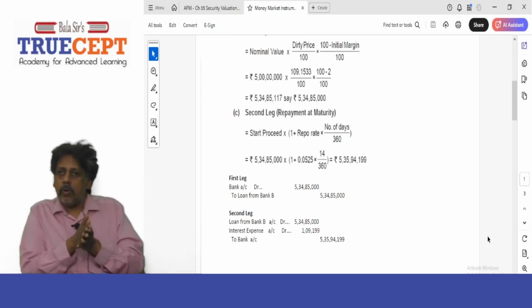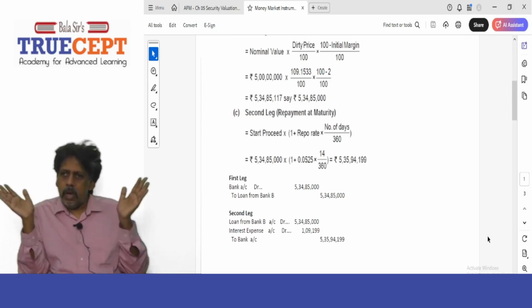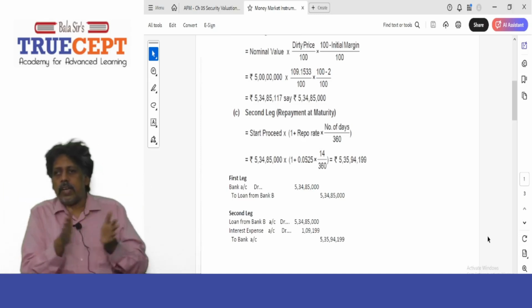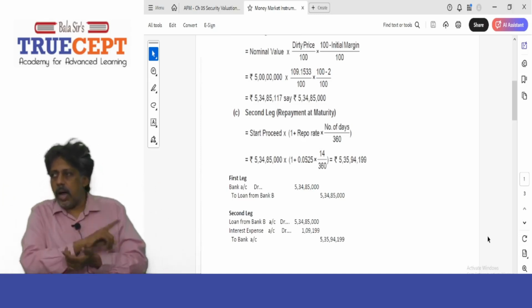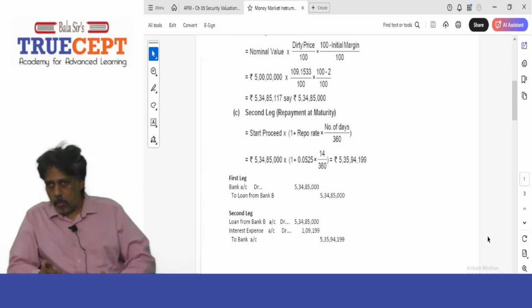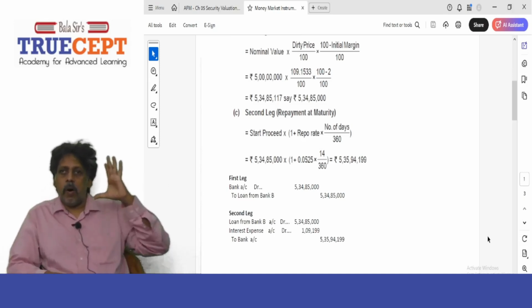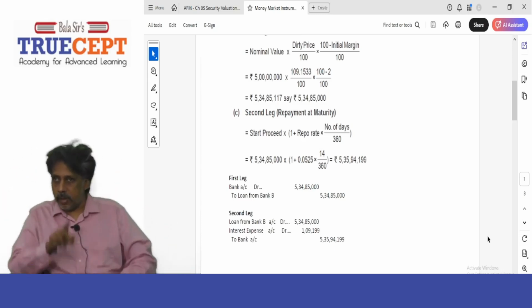Then add it to rupees 5 crore 34 lakh 85,000. So you get the amount to be repaid. Or what you can do is take the amount borrowed into 1 plus the rate of interest. That's what they've done.